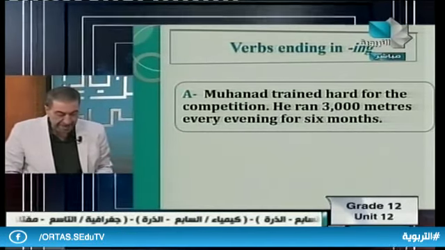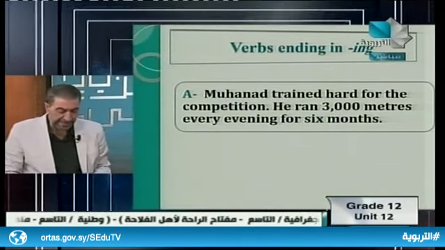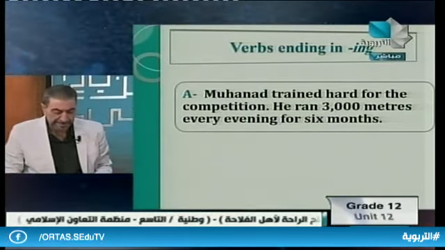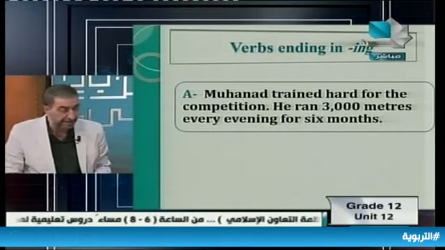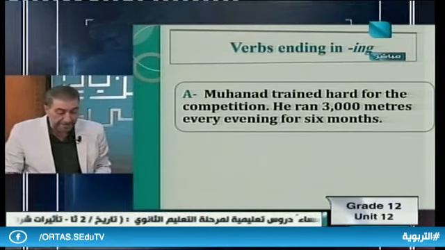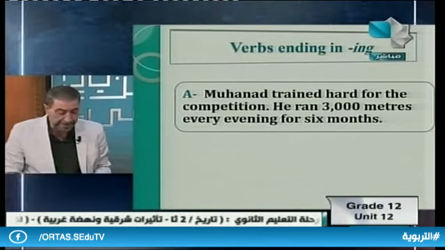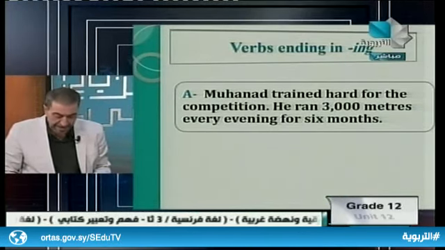Follow me, please. Muhannad trained hard for the competition. Now the second sentence starts with "he ran". We delete "he" and return "ran" from the past to its base form. Then we add an ing form.